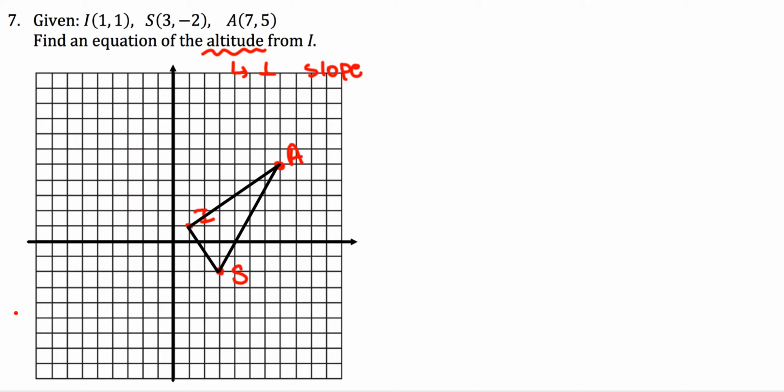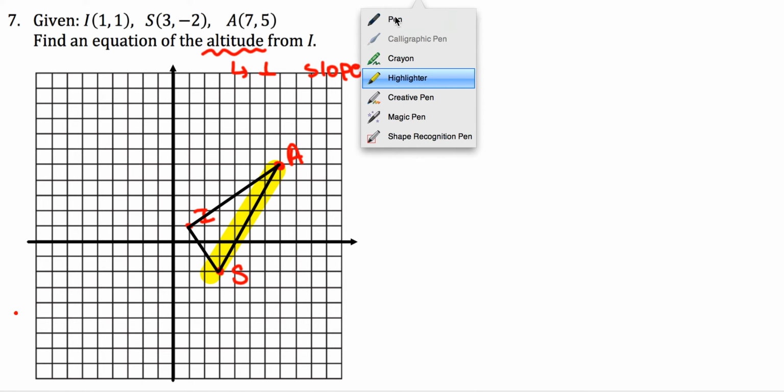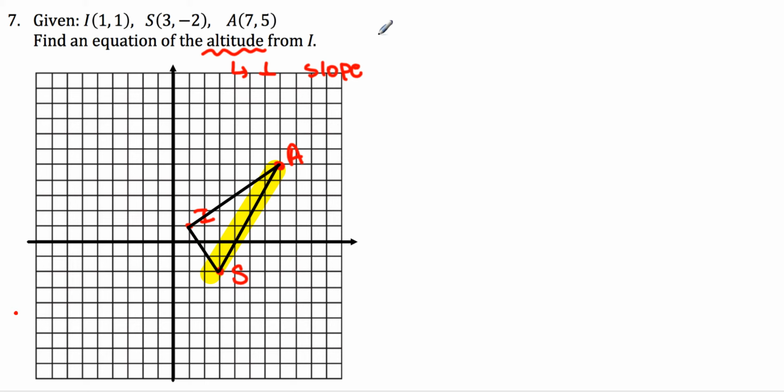Now, as you can see, what I'm looking for is the altitude from I. That means I need to figure out the slope of the other side, and then we're going to try to find the slope of the negative reciprocal. So here, let's try to look at it.